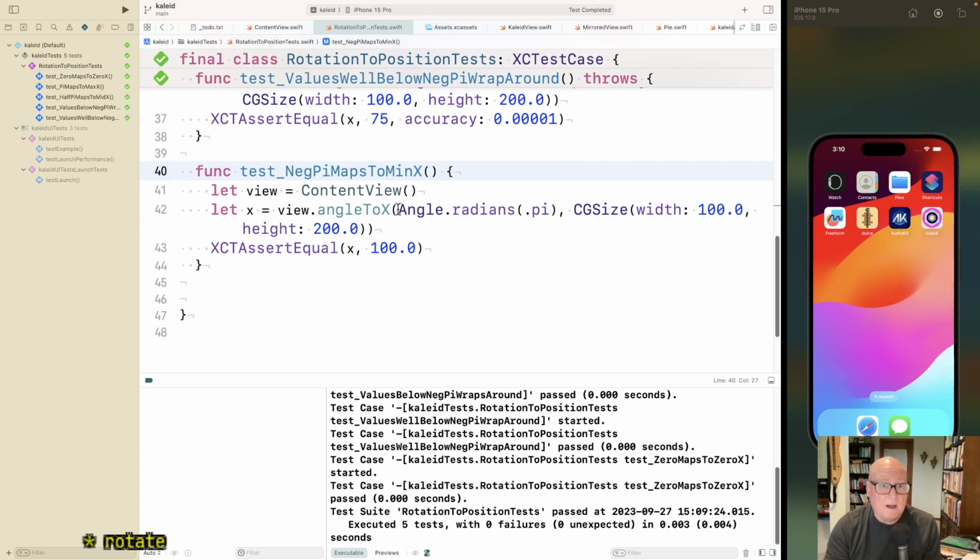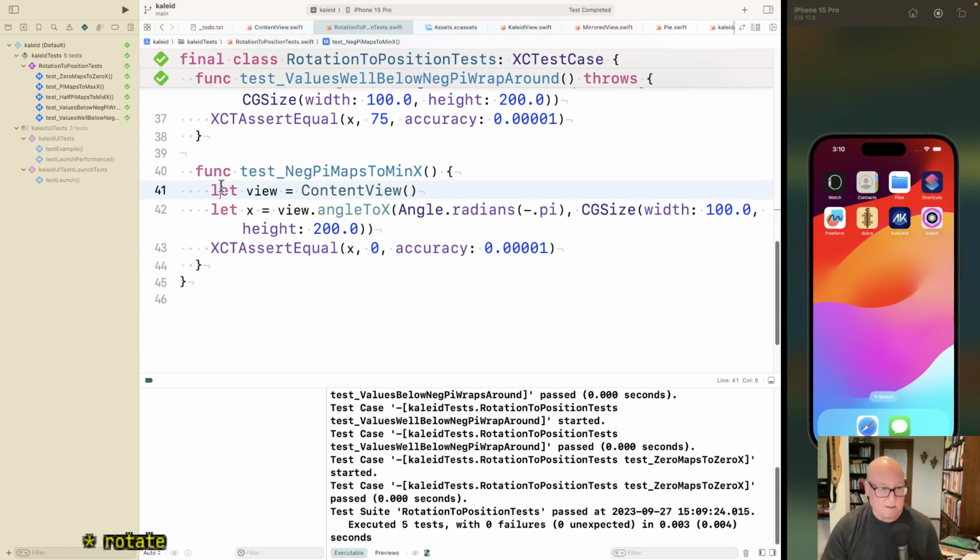All right. Radians pi. Let's make this minus pi. Okay. CG width, and then this should be 0 with some accuracy. Okay. And this test, I don't know if it'll pass or fail. It should pass.